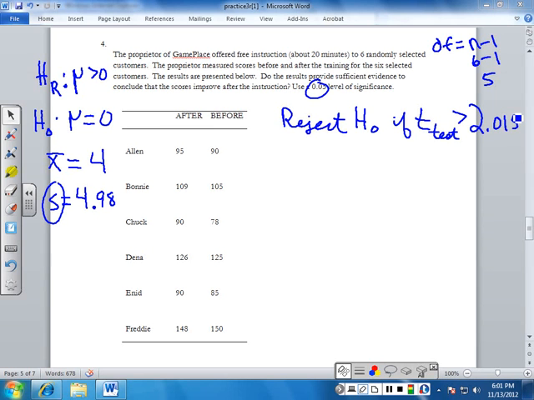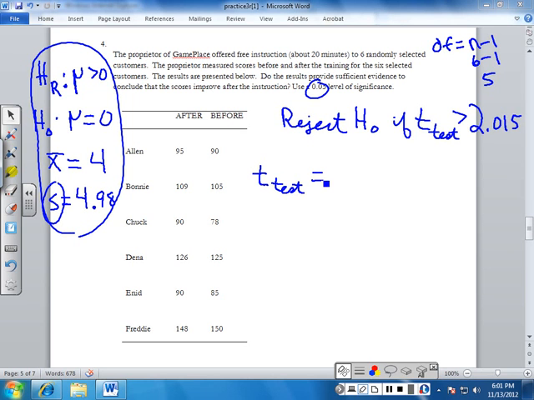And remember, once we had this, our X was the before minus after, and it's just a one-sample t-test. Once you've matched it, got your X's, it's just a one-sample t-test. So the t-test is equal to the statistic, which is X bar, minus the hypothesized mean, divided by the standard error, which is S X bar.